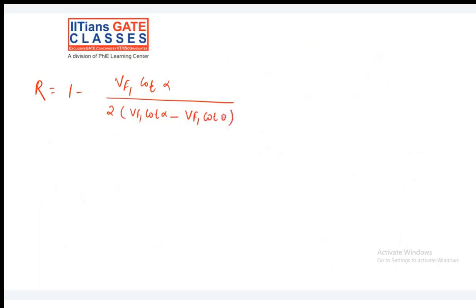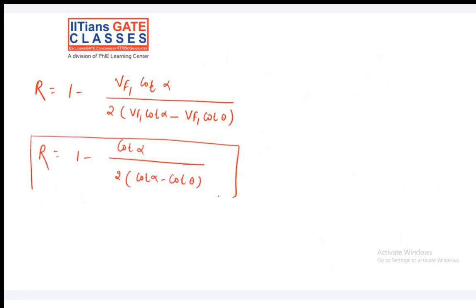So if you solve, this is equal to 1 minus cot alpha divided by 2 times (cot alpha minus cot theta). This is the degree of reaction.